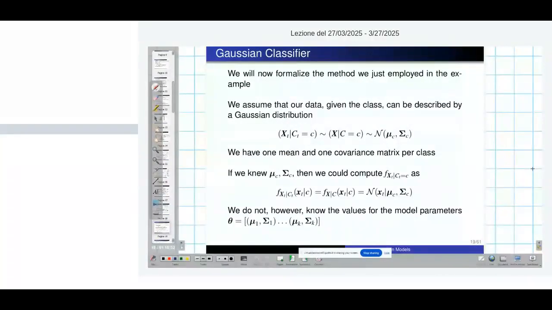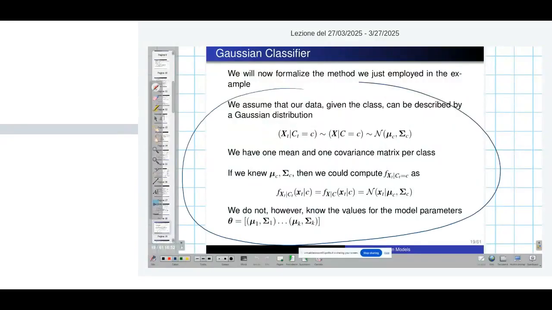We will see that the framework will be based on maximum likelihood, maximization of a likelihood that will be defined in a suitable way for the multiclass task.